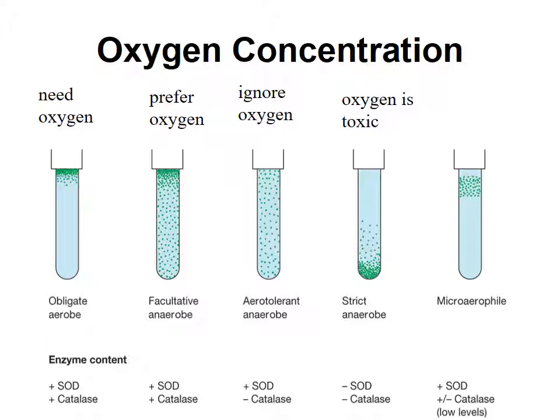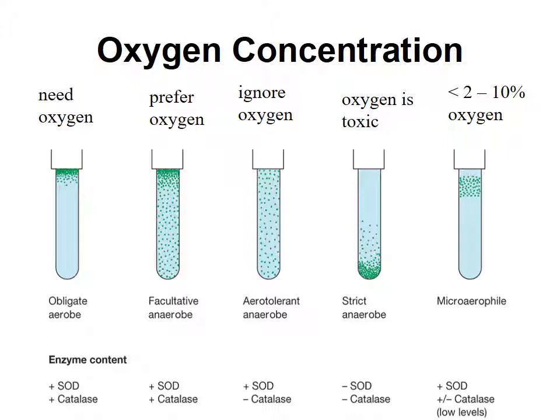The nature of bacterial oxygen responses can actually be determined by growing the bacteria in culture tubes, which you can see here. And these are filled with a solid culture medium or a special medium like thioglycolate broth, which contains a reducing agent to lower the oxygen levels. And each of the green dots that you can see within these culture tubes represents a colony of bacteria, for example.